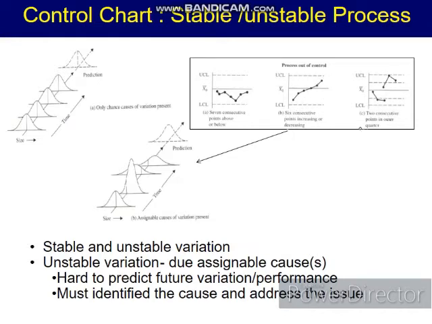The third criterion is 2 consecutive points in the outer quartile. You can divide the control chart into 4 quartiles. This is the upper control limit, this is the lower control limit, and you can divide it into the four quartiles as shown here.